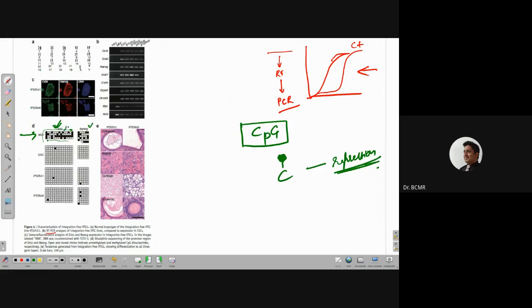The same is the case with NANOG, which is not included, but it's also one of the important regulators in pluripotency. If you see the same type of result for embryonic stem cells, the cytosines upstream of OCT4 largely remain unmethylated.